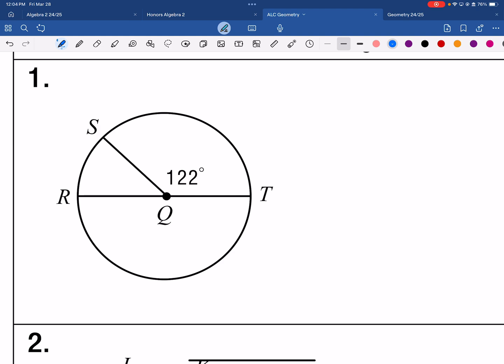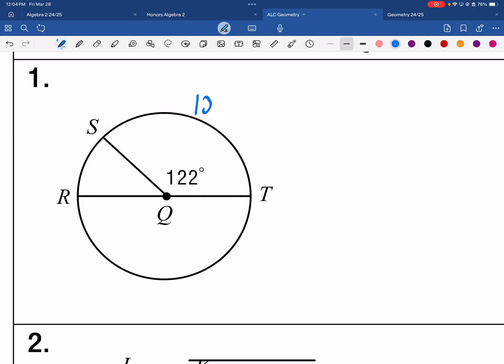So, I know this central angle right here is 122 degrees. This angle creates this arc right here. So if I follow to the end points, it creates this arc.